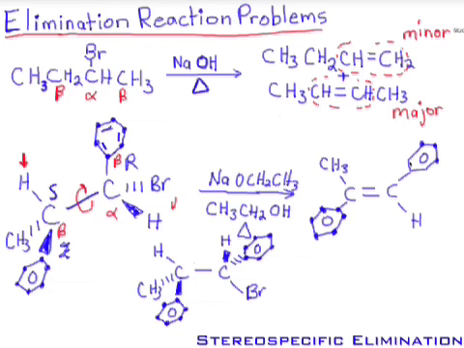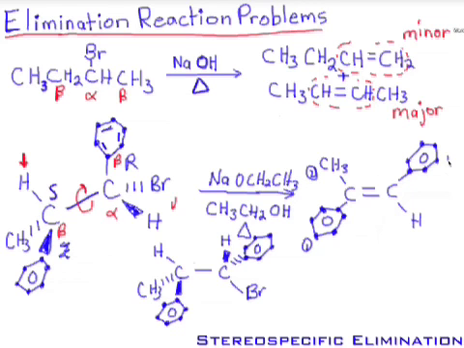The antiperiplanar elimination leads to E2 being stereospecific. Because it's stereospecific, you get a specific stereoisomer forming here. In this case, the SR molecule gave us highest priority on this side, 1, 2.